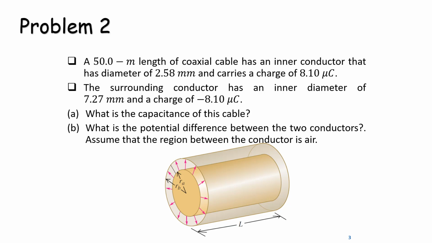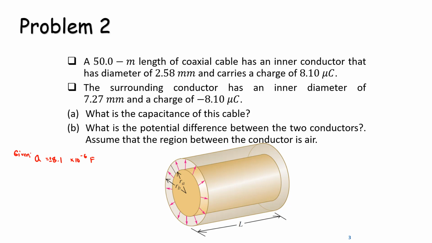For this, we are given the following. We are given the charge Q, which is equal to 8.1 times 10 to the minus 6 farad. So it is positive on the positive conductor, negative on the negative conductor, the outer cylinder.